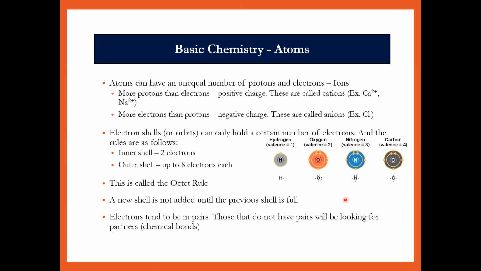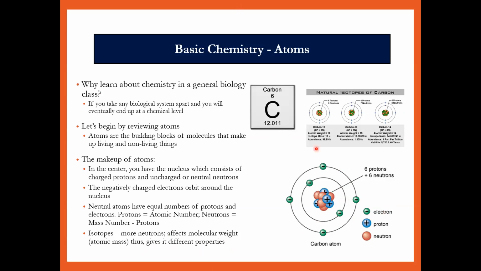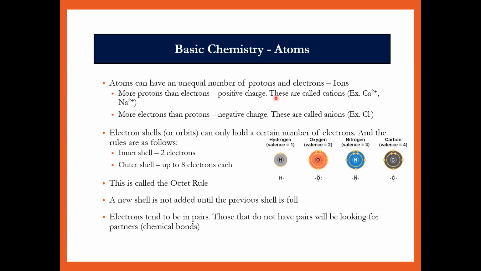So atoms can have an unequal number of protons and electrons. Like I said up here, in a neutral state, your protons and electrons will be equal. So this is a neutral state. But if one outweighs the other, then you have an ion.